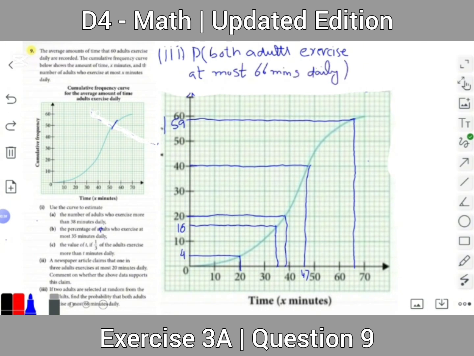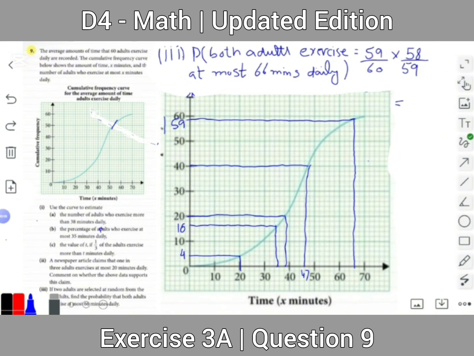The favorable outcomes in our case is 59 and the total number of outcomes is 60, multiplied by, since we have to select two adults at random, we have already selected one adult, so the total number of adults remaining will be 59 and the number of adults who exercise at most 66 minutes daily will become 58 since we have already selected one adult.